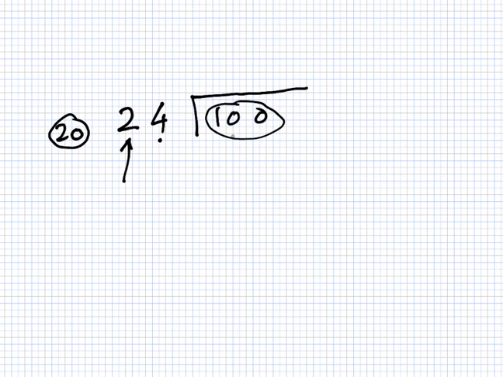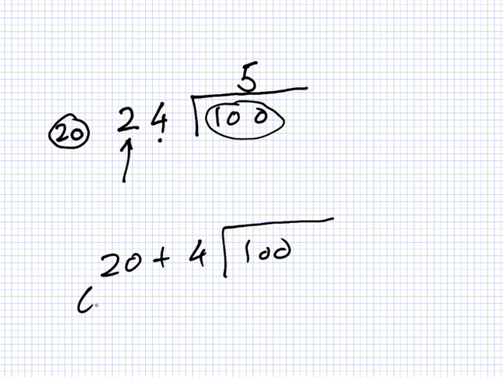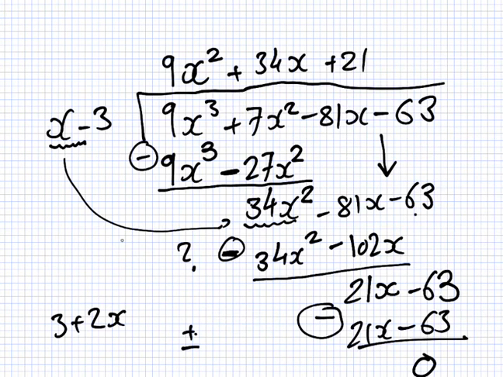That's 5, isn't it? So it's a bit like this: the 24 is like 20 plus 4, so you really only care about the leading part. It's the exact same idea here, that you care about this more than you care about this. Does it make sense? You're happy?